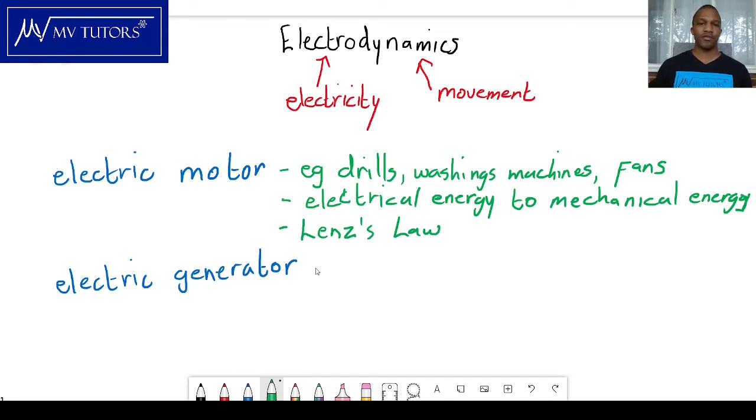Now let's talk about electric generators, and let's start with examples of them. Electrical generators, for example, here in South Africa we use the service of ESCOM. So what we're really talking about is power stations.